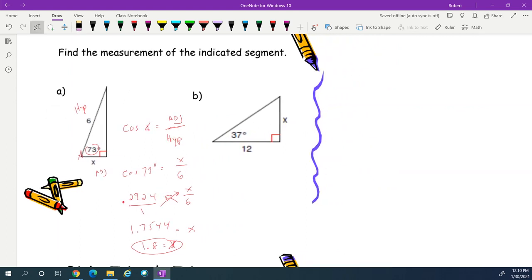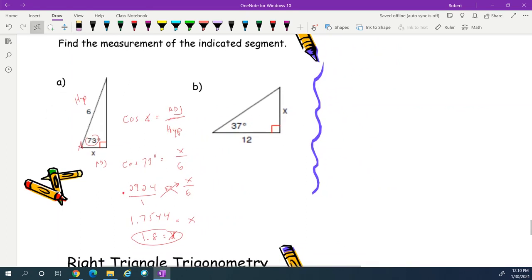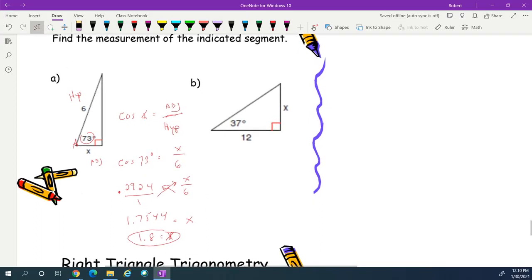Let's take a look at B. We have our angle, the opposite, and the adjacent.